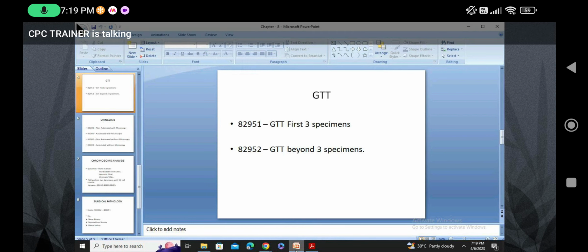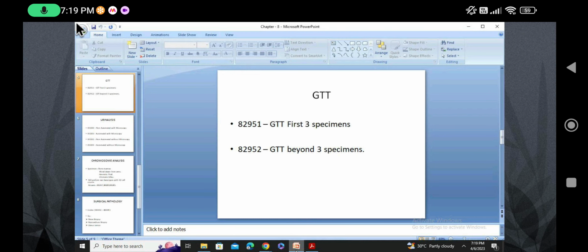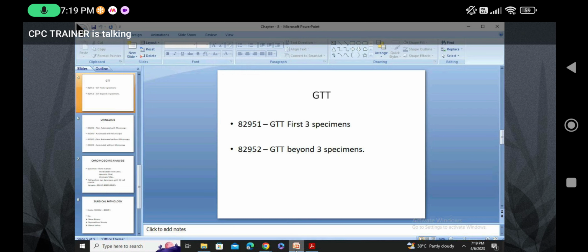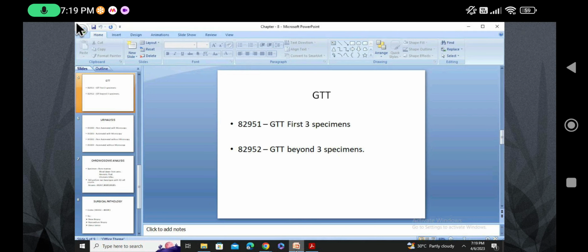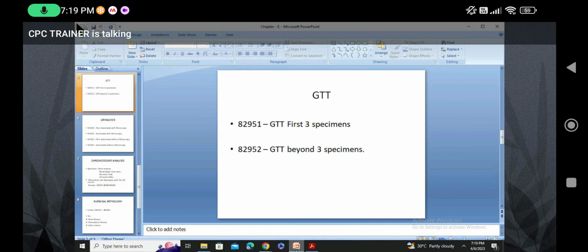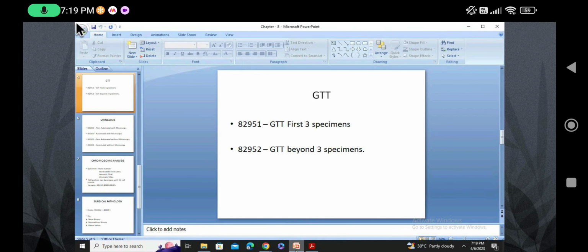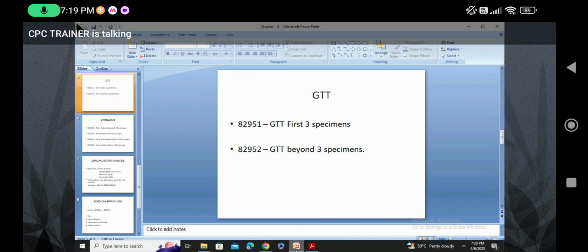So the next topic we have to discuss is GTT, guys. GTT means glucose tolerance test.